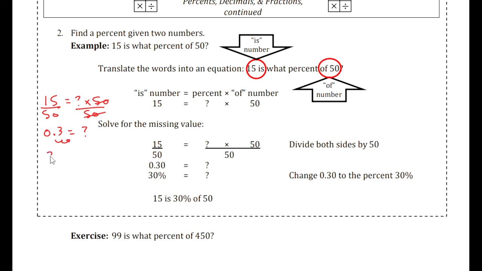So that will become 30. We attach the percentage symbol, and that is the percent. So 15 is 30% of 50.